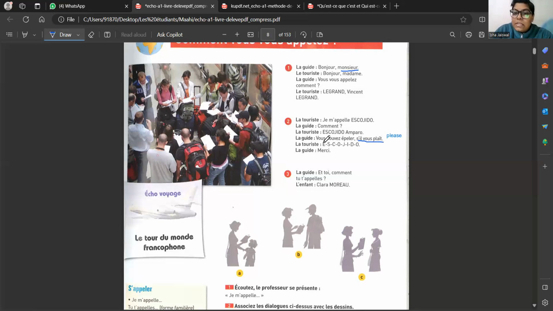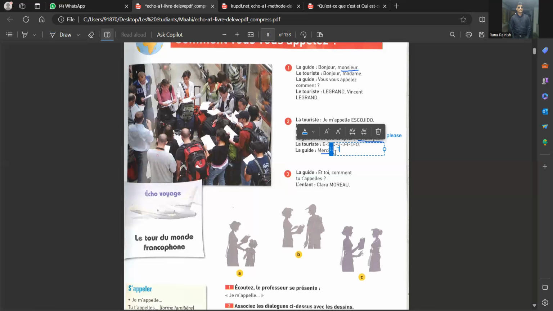So the tourist is saying A, S, C, O, G, E, D, O. Escogido. The guide says merci, thank you. Merci means thank you or thanks.